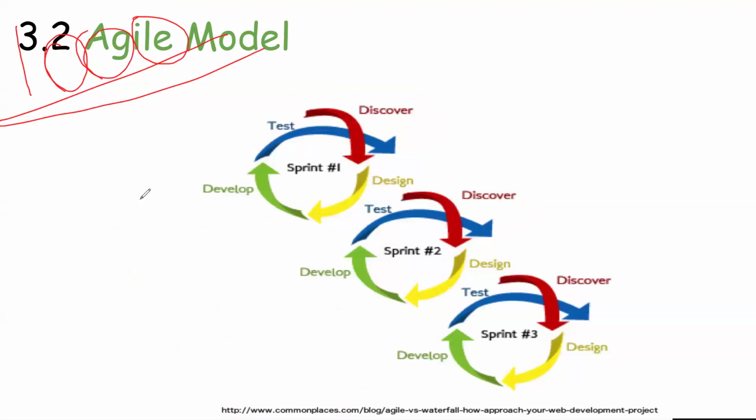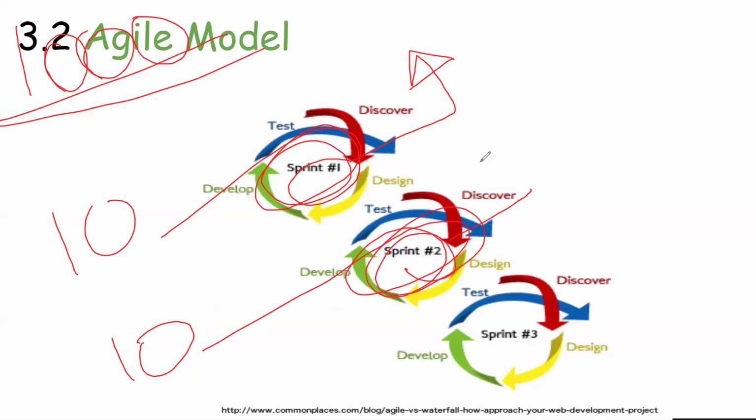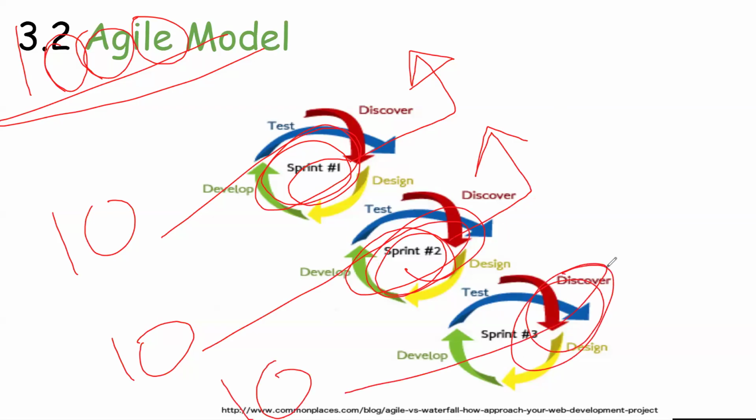We are iterating: a few requirements, making working software, delivering to the client, and based on client feedback the next iteration happens. In this way, Agile works, an iterative and incremental model.